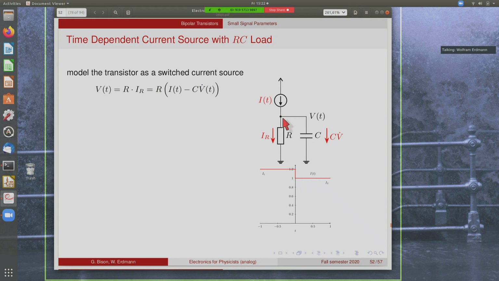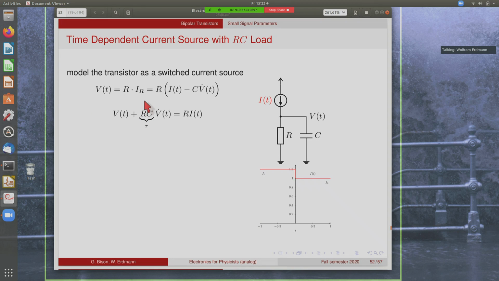The voltage at this point is given by the voltage drop across the load resistor, so it's R times the current, and this current is the difference of the current that we create in the current source minus the current that goes into the capacitance, which is the capacitance multiplied by the time derivative of the voltage. So the voltage is R times this difference, and this can be written in this form: voltage plus RC times the derivative of the voltage is equal to R times the current. And this RC is the time constant.